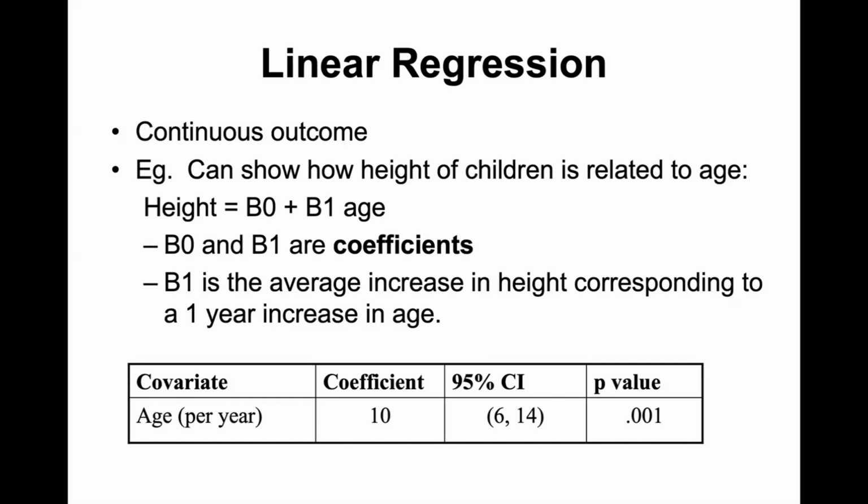I find if you can do logistic regression, it's easier to understand because it's like the odds that a woman who immigrated has higher disclosure worries is 2. So that means 2 to 1 is the odds, versus women who weren't immigrant women. It's easier to understand. With linear regression, you get something called a coefficient.